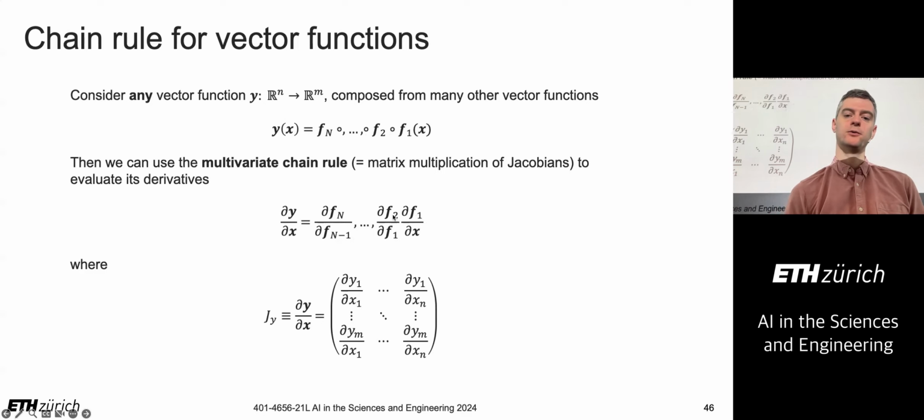Each of these individual contributions to the chain rule is just another matrix, with all the elements of F2 against all the elements of F1. This final matrix has a shape of n by m if our vector valued function takes something from m to n. But each of these individual Jacobians in the middle might have different shapes depending on the number of elements of those intermediate functions in the composition. Is this making sense so far? Yeah. Okay.